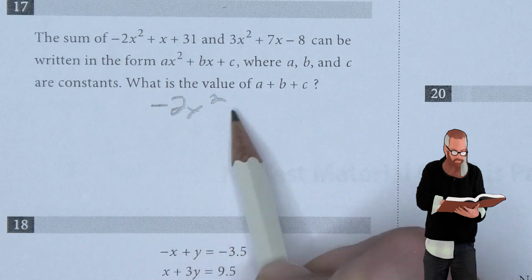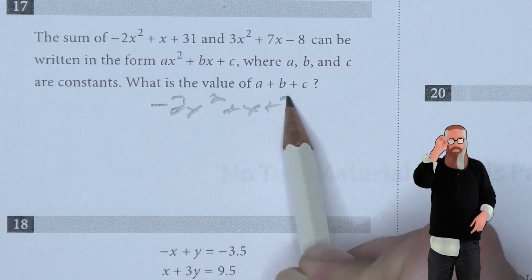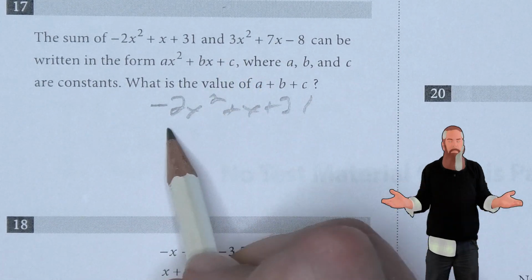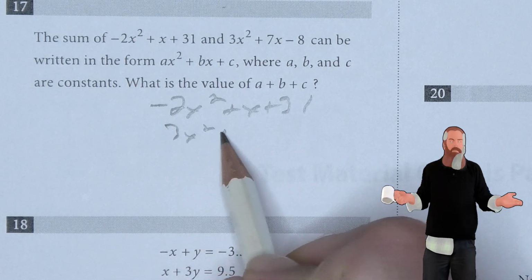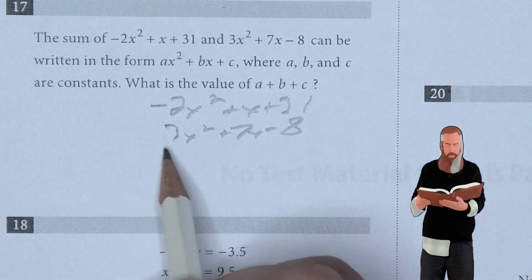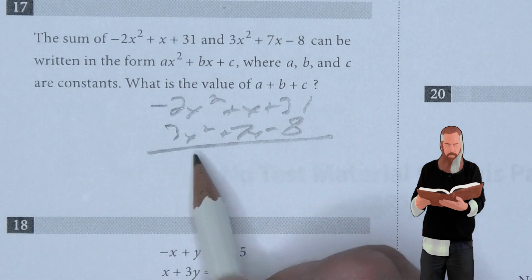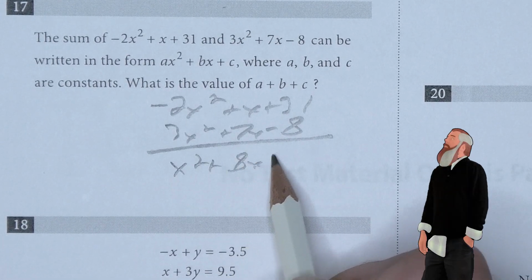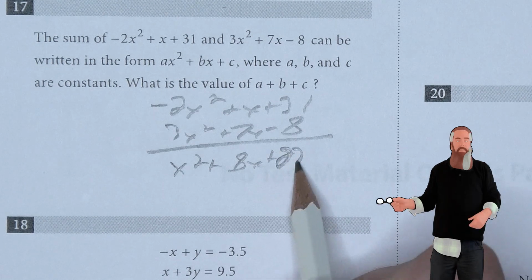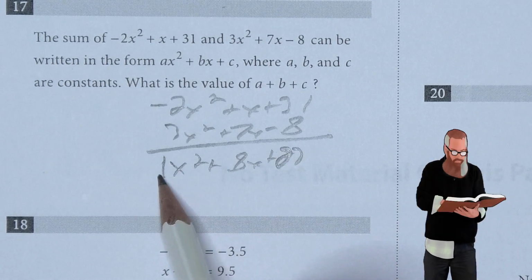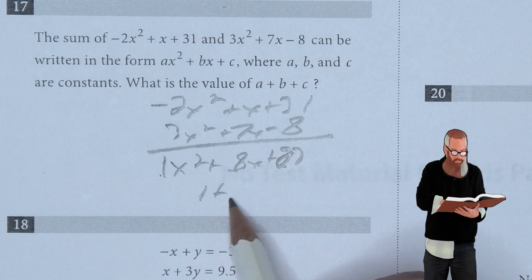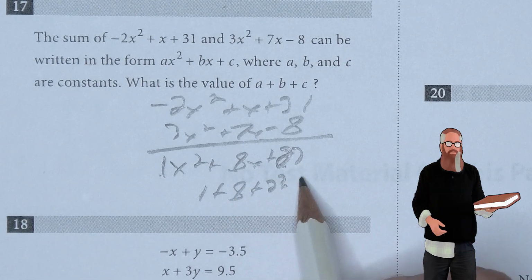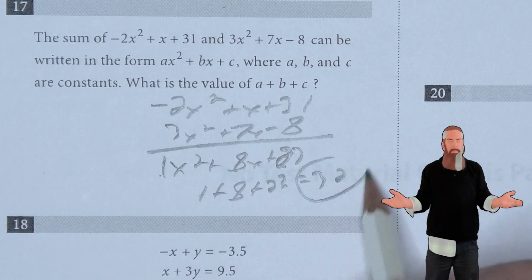We have -2x squared + x + 31, and 3x squared + 7x - 8. So let's add all of these together, and we're going to get x squared + 8x + 23. Now we want to know the value of a, b, and c, or 1 + 8 + 23, which is 32.